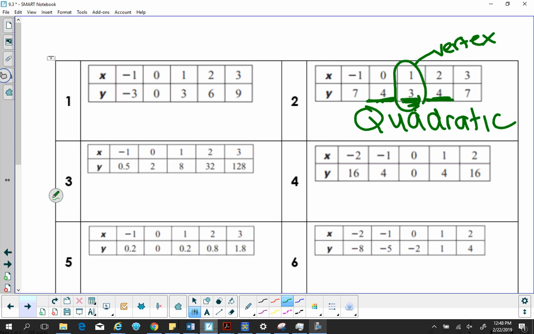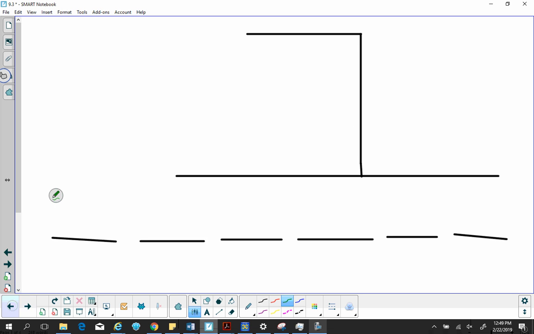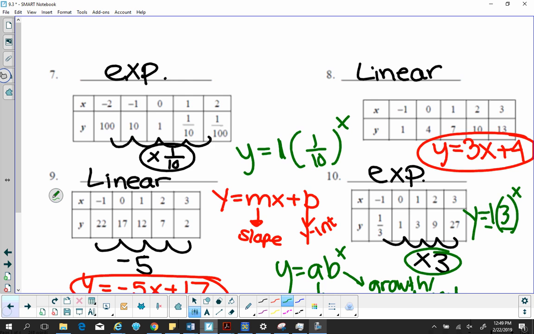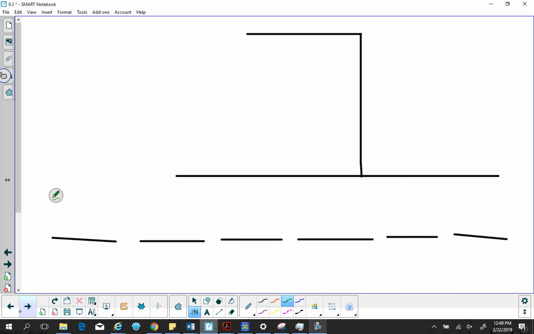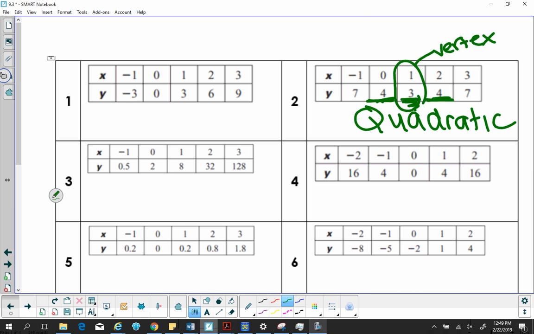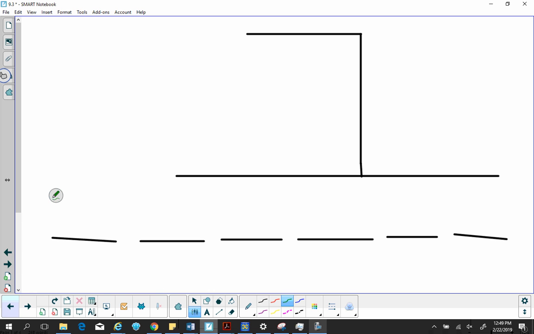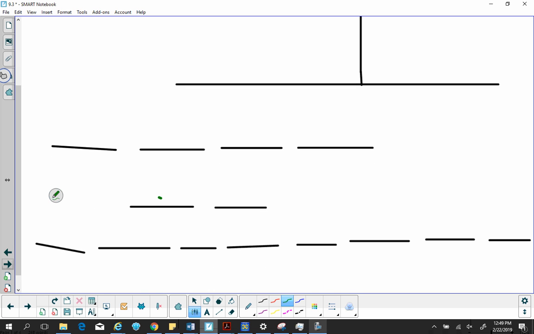For a brain buck, who could tell me what the x coordinate of your vertex is called? Kayla? If we could play a little hangman, it's called blank, blank, blank. Not rate of change, that's your slope.